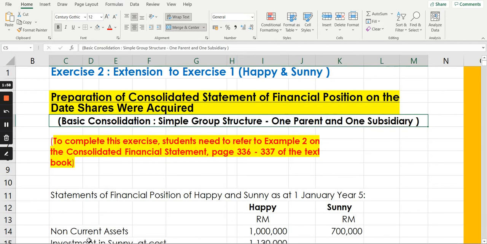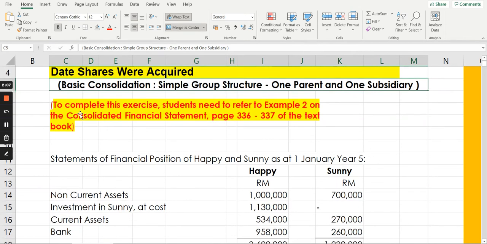Now we move on to the second part, which is the extension to exercise 1, Happy and Sunny. Before you complete this with me, I would suggest you first go to the first video and check it, because you need to complete that session before you can start this one, since this session is to prepare the consolidated financial statement.